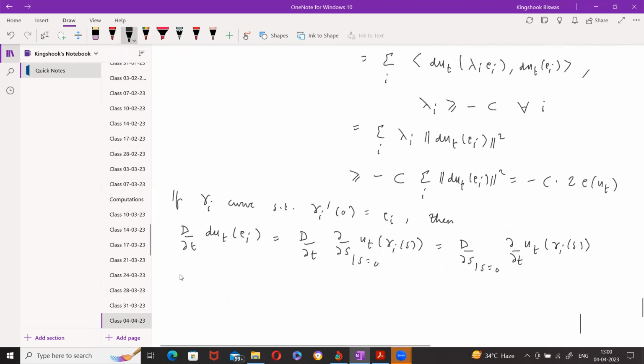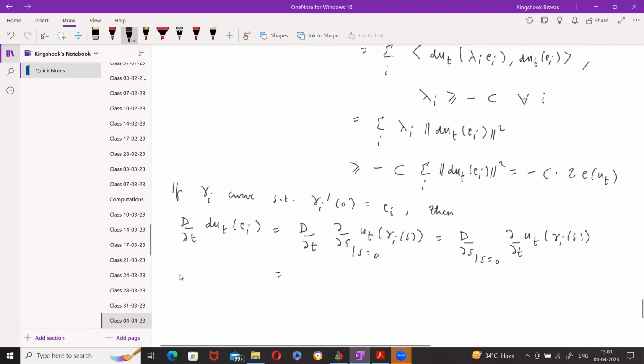Since it's a solution of the heat flow, that will be the tension field, right? Tau u_t at the point gamma_i(s). Okay. So I'm taking the covariant derivative of this. So this is going to be nabla e_i of tau u_t, right? Okay.